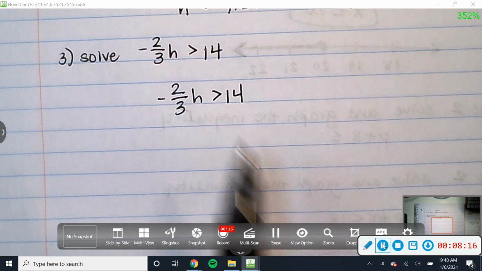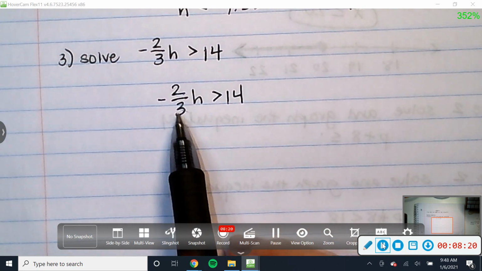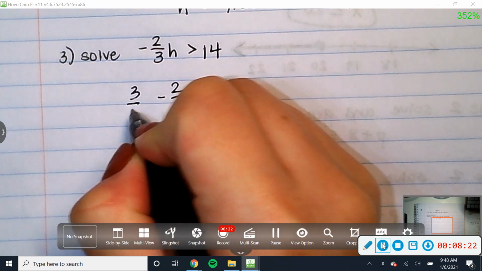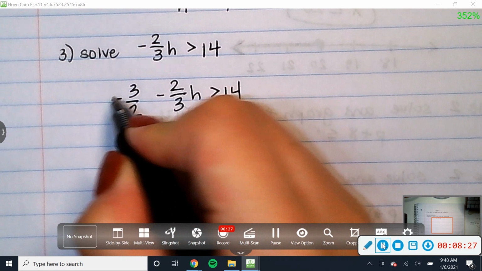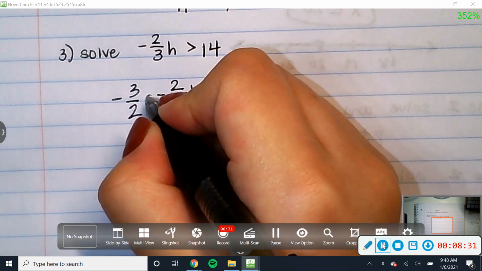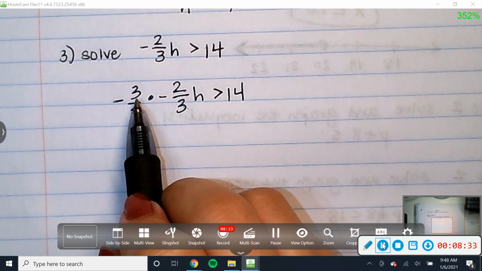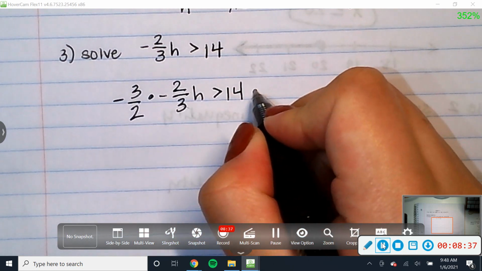So when I'm multiplying the reciprocal, I take this fraction, -2/3, I flip it, so it's 3 over 2, and then make sure to also include that negative sign. If there's a negative sign here, you got to make sure you're multiplying a negative sign as well. So what I'm doing is I'm multiplying the reciprocal, the flipped fraction, -3 over 2, on both sides.